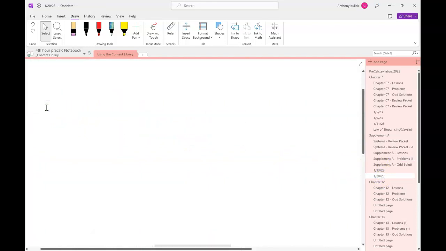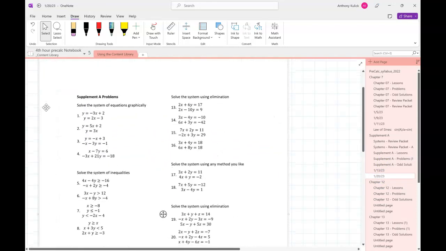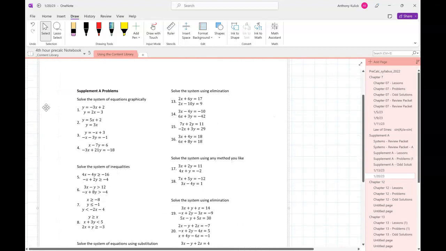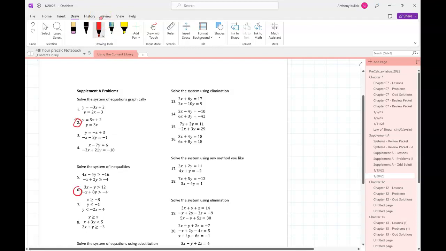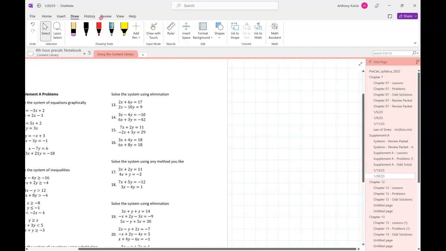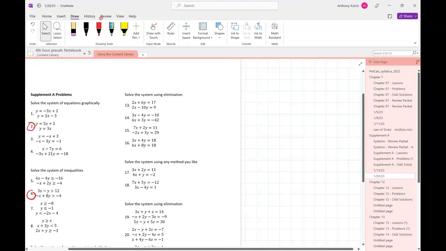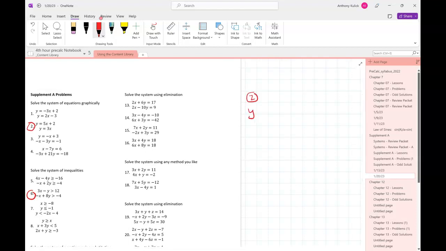Anybody have a preference on 1 through 8? Okay, I'll be nice and I'll pick 2 even ones.